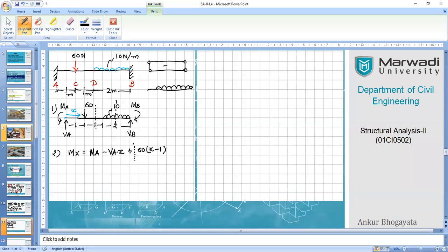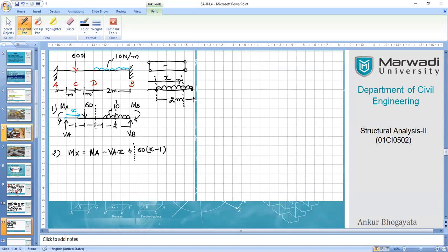From point A, X has still reached here, but the UDL starts from this point and ends here, so that is 2 meters. I'm standing here just to randomly take my section. So what should be the distance here? X minus 2.